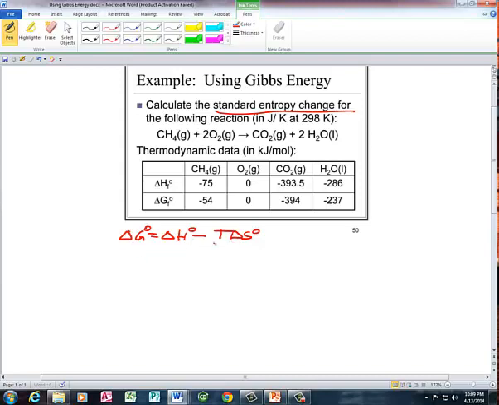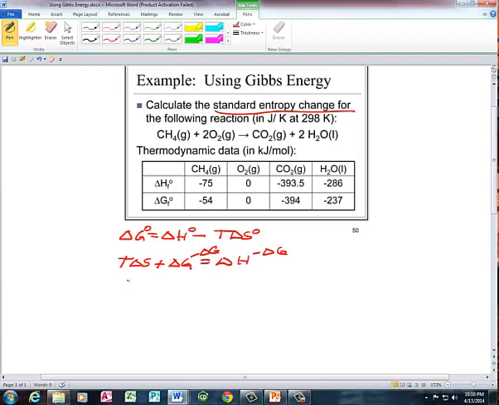The first thing I want to do is add T delta S to both sides. So we'll have T delta S plus delta G is equal to delta H. And then I'm going to subtract delta G from both sides.